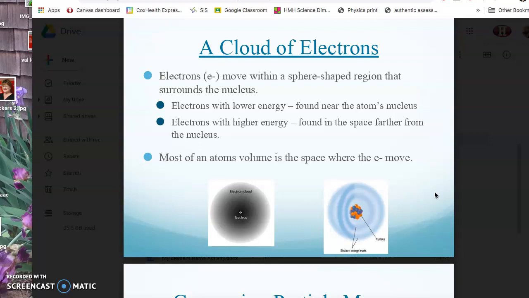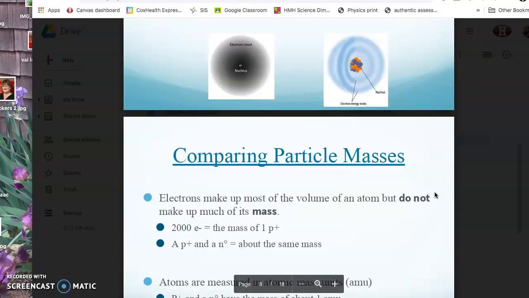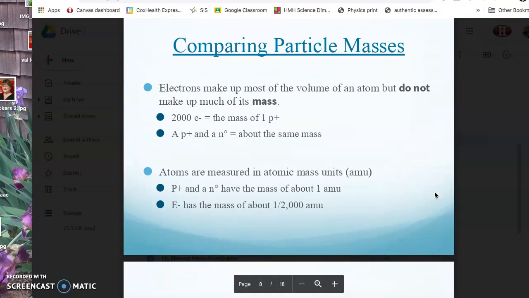Most of an atom's volume, remember volume, how much space it takes up, is where the electron cloud is, that's where the electrons are at. So if we were to look at the masses, electrons make up most of the volume, that cloud area around the nucleus. It takes up most of the volume, but it does not make up much of its mass at all.